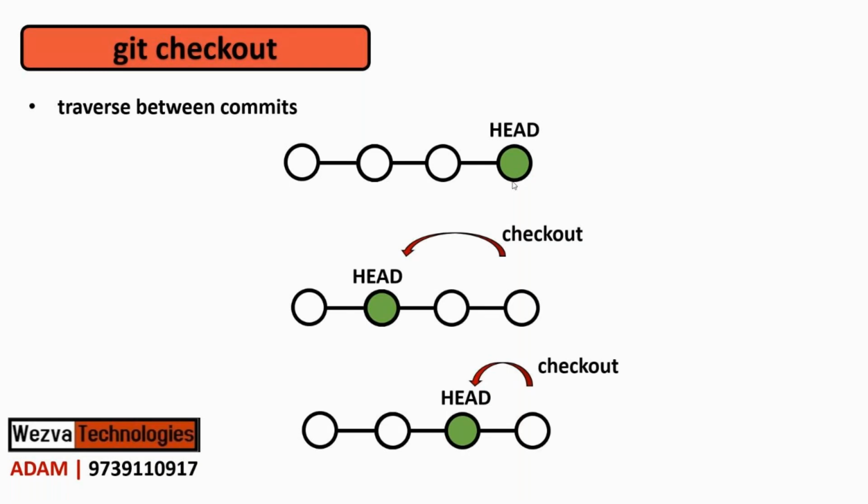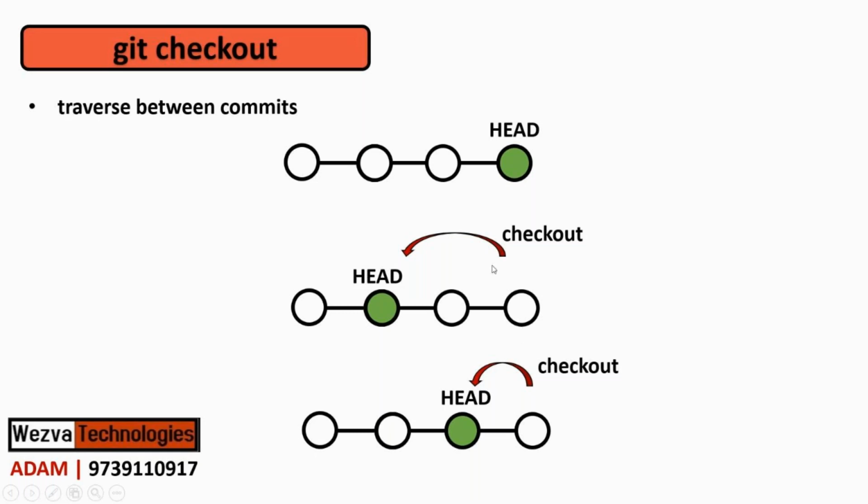So what happens when you say checkout? Your head reference can be taken from one commit ID and applied to another commit ID. For example, if I now clone my workspace, head will be pointing to the latest, and what contents of the file will I see? Latest. If I now want, I can do a checkout and go back to an older commit ID.